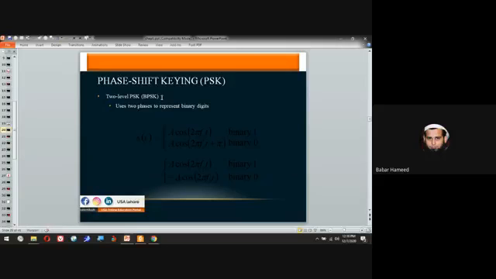The resulting transmitted signal for 1 bit time is given as, here you can see, a cos of 2 pi fct, and for the other one is a cos of 2 pi fct plus pi.